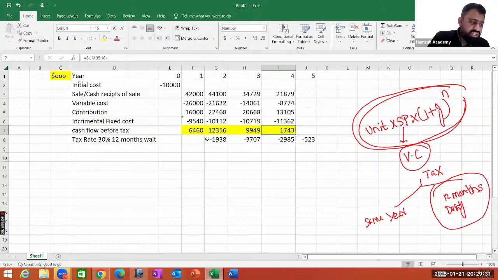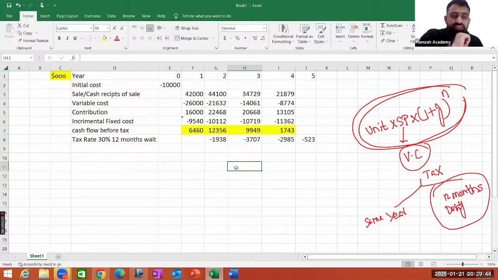And 1938 is 30% of 6460. In this table, I am using the 12-month assumption with regard to the payment of taxes. You are getting it? This is the pro forma which we use to calculate the NPV.